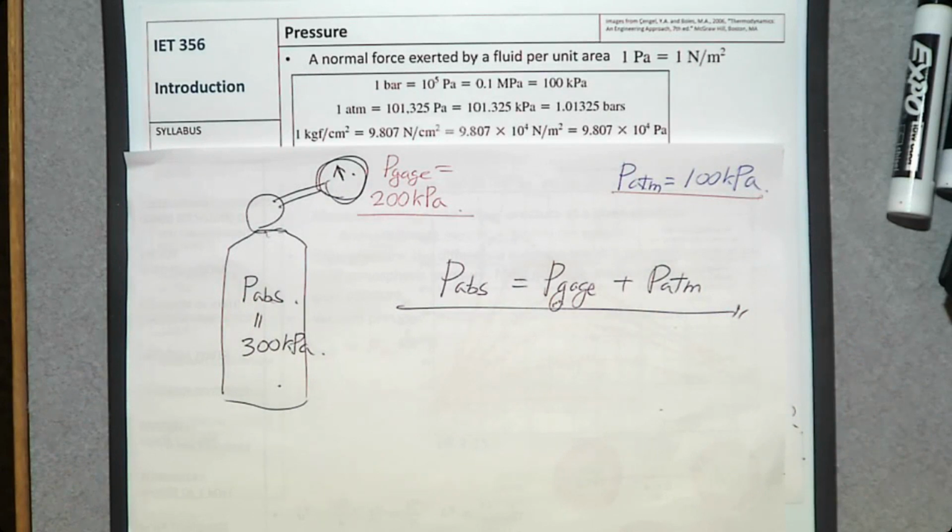Then why don't we just measure absolute pressure right away? Oh, unfortunately, we cannot do that. If you want to measure absolute pressure, you need a pressure measuring device that measures gauge pressure, and you need another device that measures the atmospheric pressure.